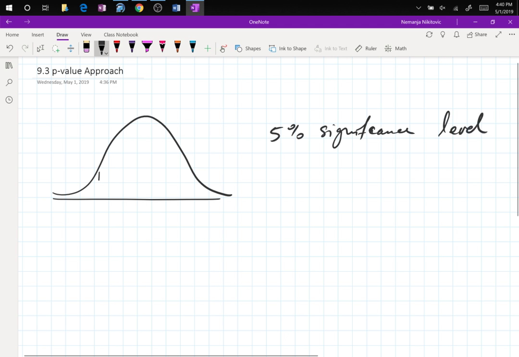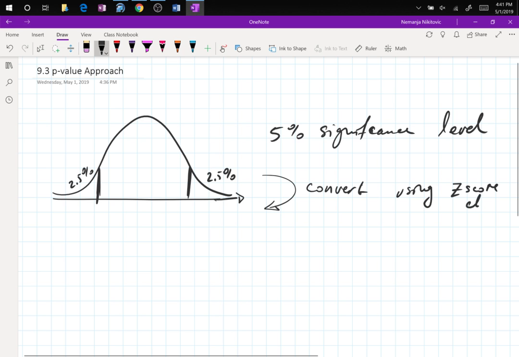If you have that, each one of these tails would be 2.5%, which you can convert using the z-score chart.